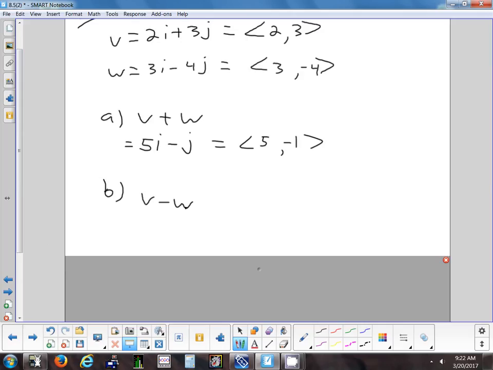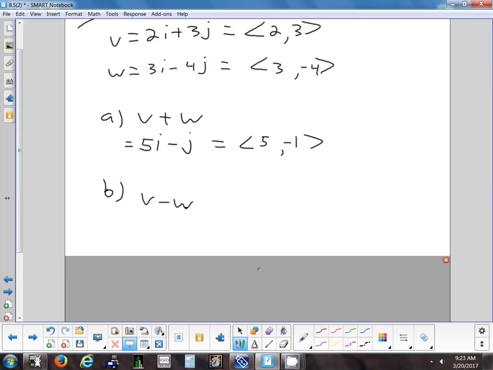There's a 5 right there. So remember, for this answer right here, we're not using that, because that's our answer to part A. We've got to go back to the original problem. So what's the horizontal number in v? 2. And then the horizontal number in w? 3. Just subtract those two. It would be negative 1. Yeah, negative 1.